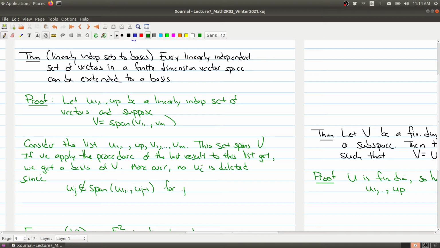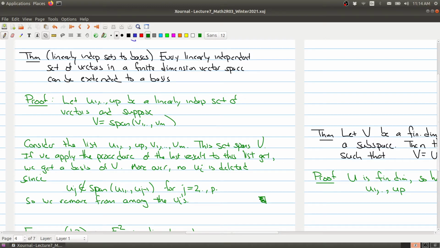So the vectors that we have to remove are among the vi's. And that's how the proof works.